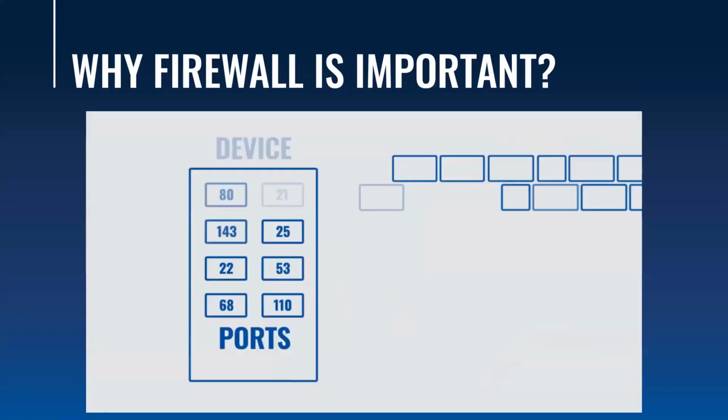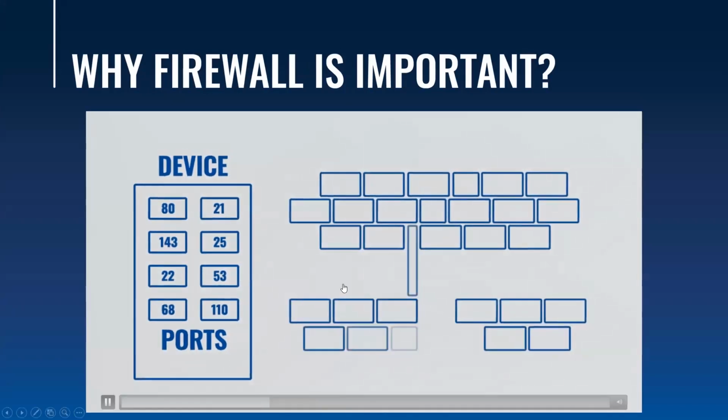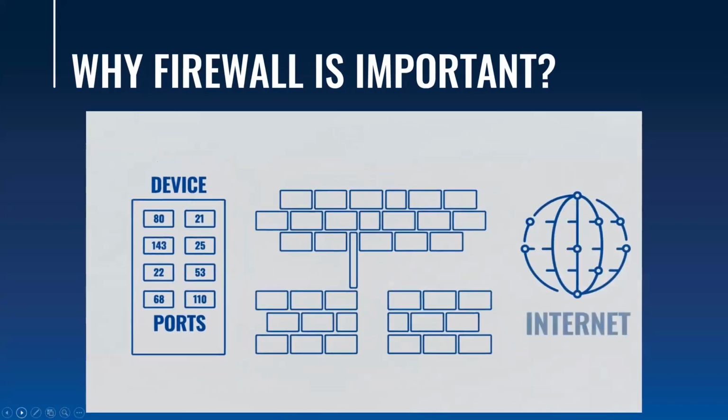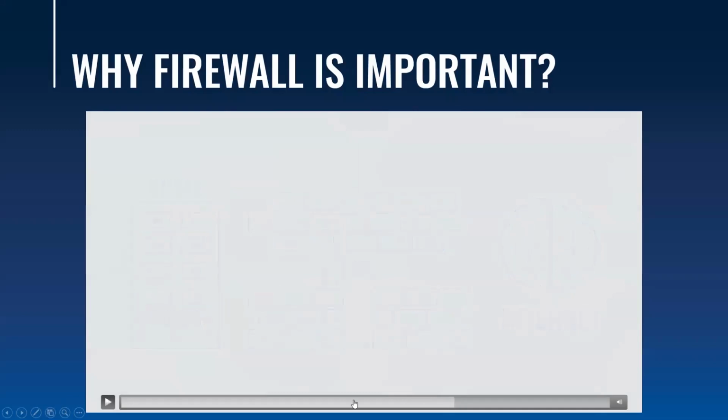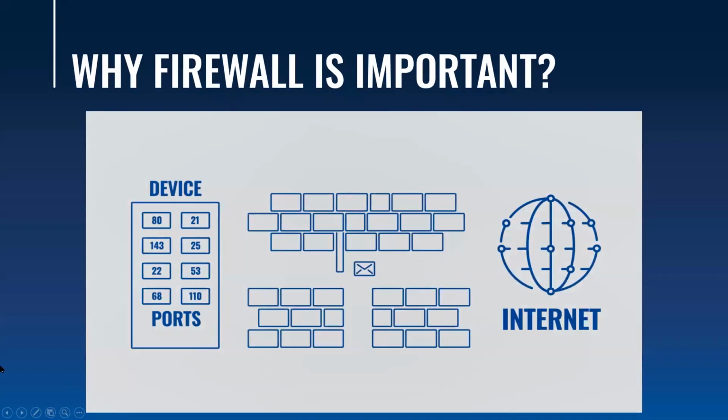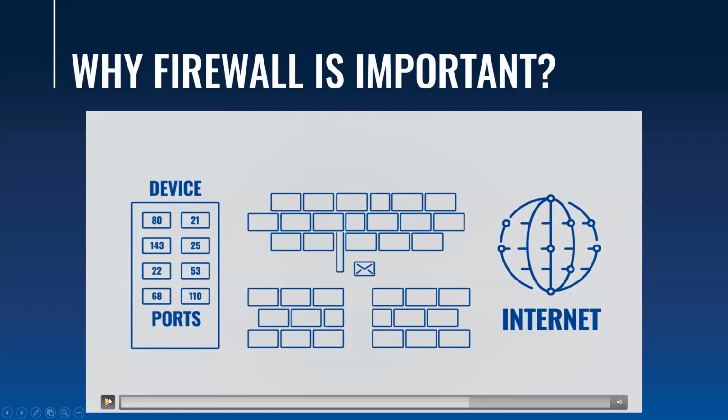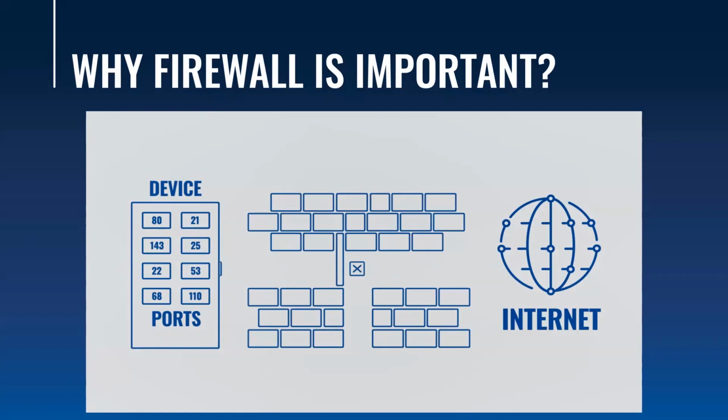The router doesn't know which traffic is good and which is malicious. Only the firewall can know that, and it will know because the administrator is configuring the firewall and will tell the router or other device which traffic is good and which is bad. So in this scenario, the firewall knows that this packet should enter the router and this packet should not enter the router.